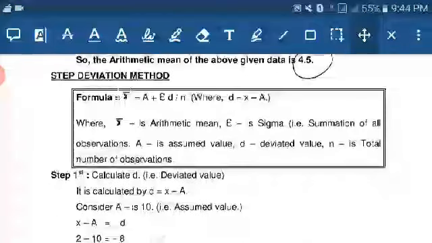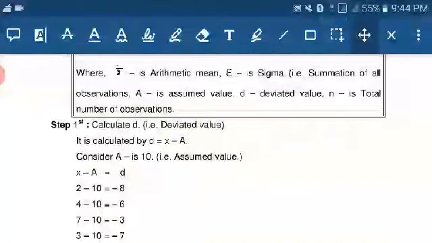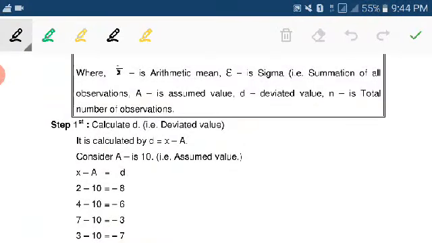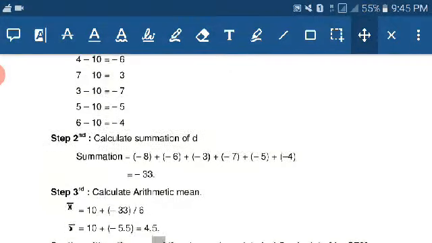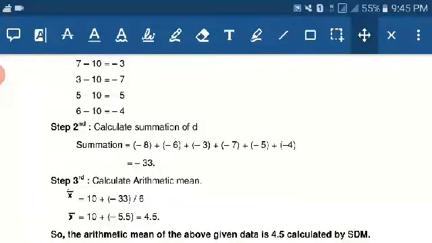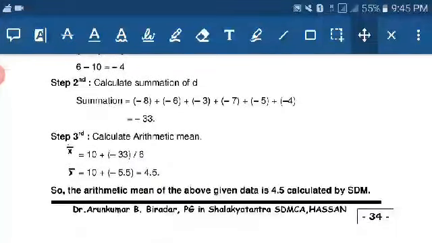In the step deviation method, first we calculate the deviation value. It is calculated by x minus a. We consider a as 10, that is the assumed value. X minus a equals d, so 2 minus 10 is minus 8, 4 minus 10 is minus 6, and so on. Calculate the summation of d. The summation of d is minus 3.